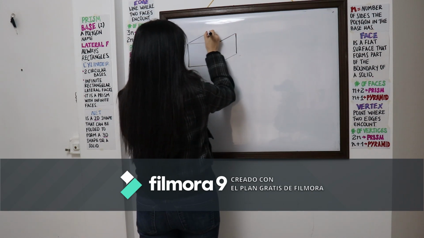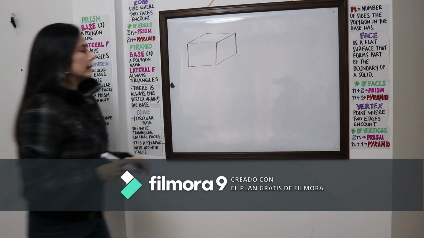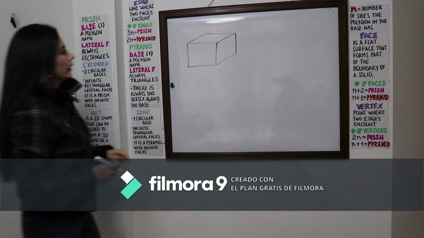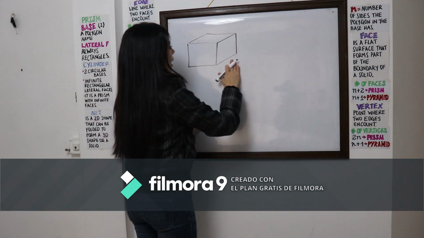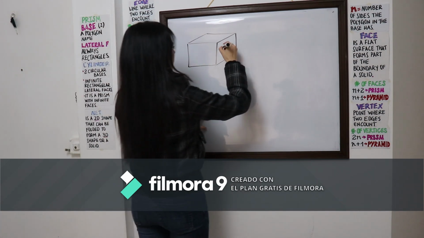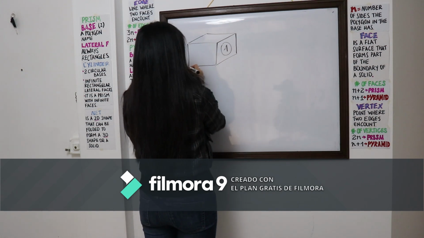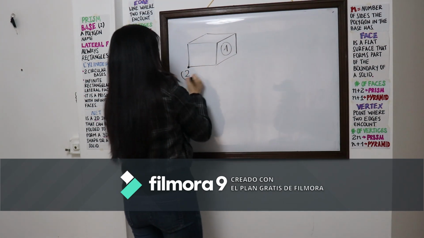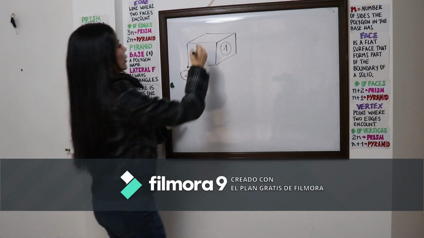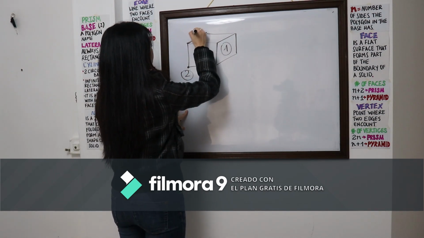Let's just pretend this is a nice cube to work with. Then we're going to have three things to look at. The first one is the face. The second one is going to be the vertex. And the third is going to be the edge.